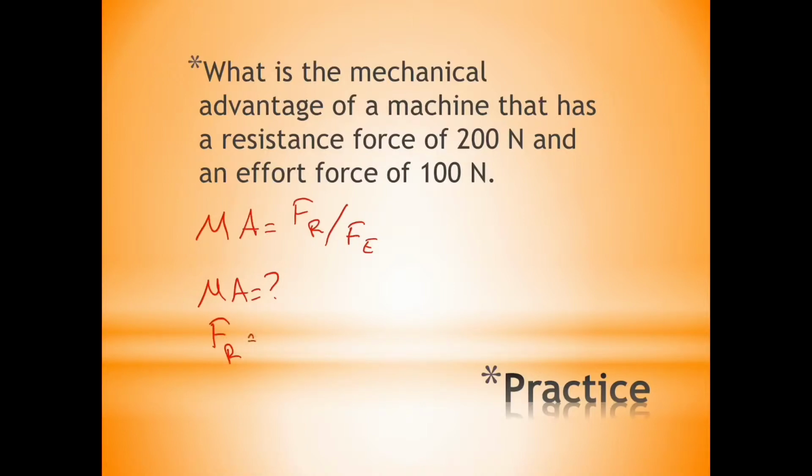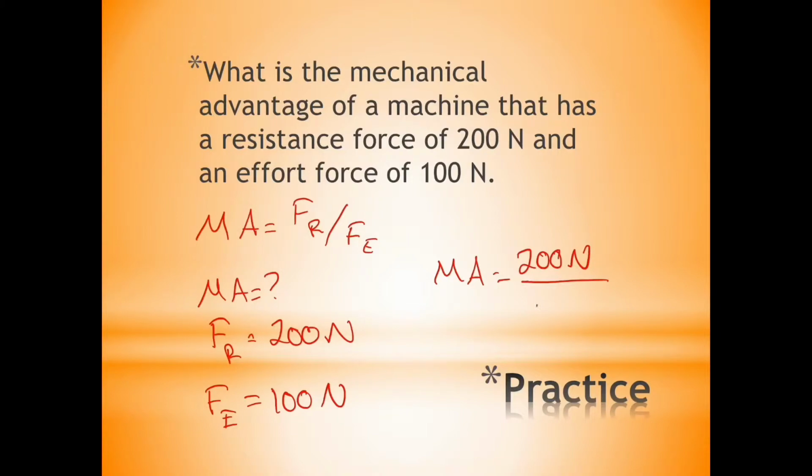We know that resistance force is 200 newtons, and we know that our effort force is 100 newtons. Now if we put that into the equation, you're going to take 200 divided by 100, and your mechanical advantage for this machine should be 2.